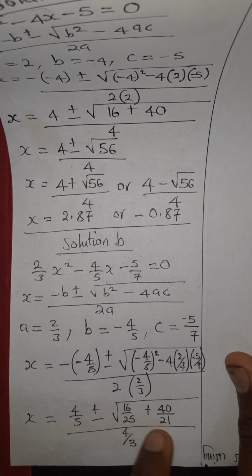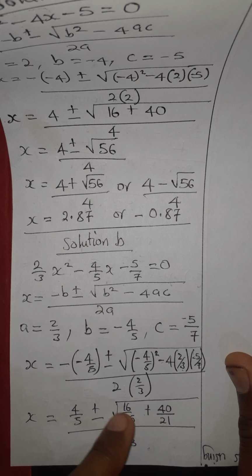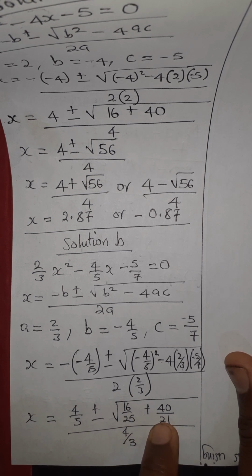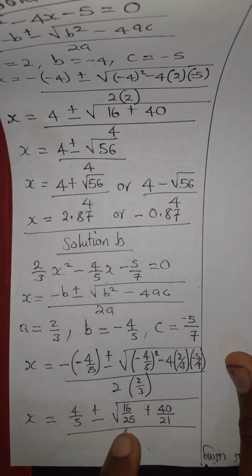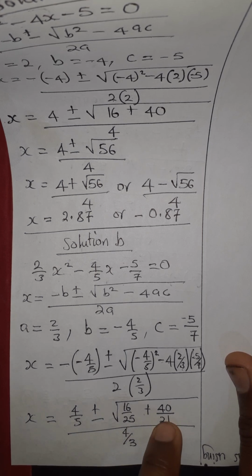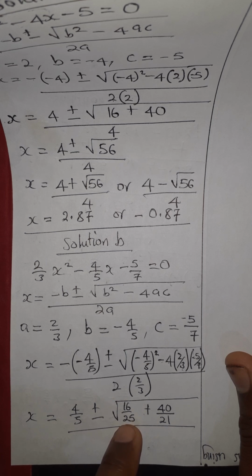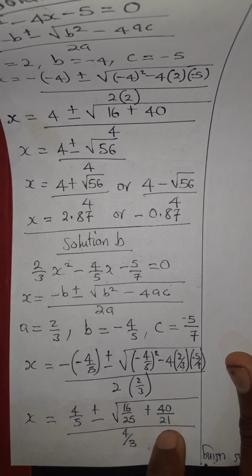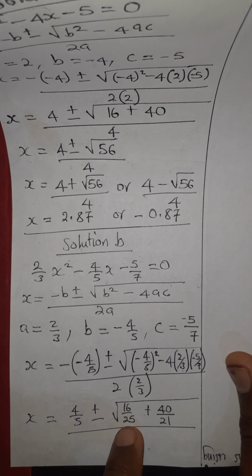So the common denominator is 525, and then we just take 25 times 21, which gives 525, and 25 into 525 is 21. 21 into 525 is 25. So we just take 21 times 16 and 25 times 40.